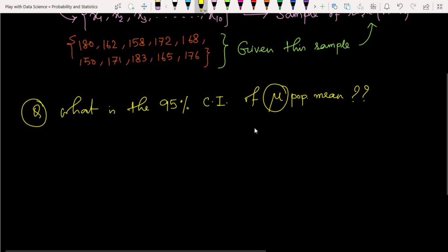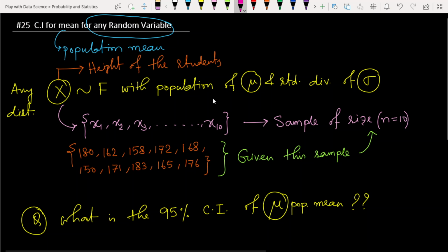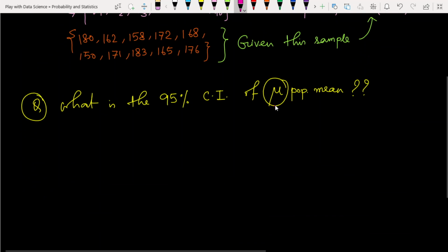Actually, in these cases we don't know anything about this distribution. We just know the sample size and the sample observed values. We don't know anything about this mean; we don't know the value of mu.